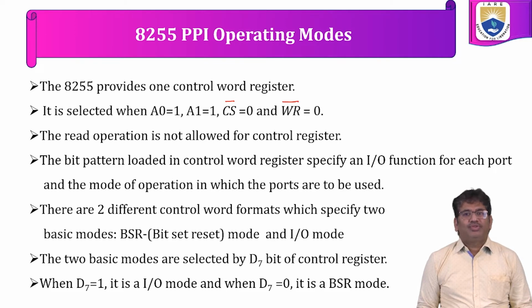The two basic modes are selected by programming the MSB, that is, the D7 bit of the control word register. If bit D7 is equal to 1, then the 8255 is used in IO mode for IO operations. When the D7 bit is programmed as 0, then the 8255 is used in bit set or reset mode, which we can use to set or reset a particular bit of port C.